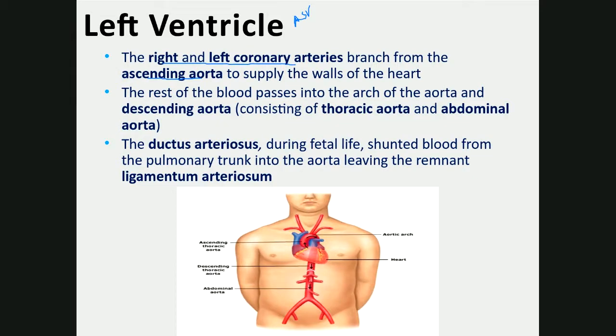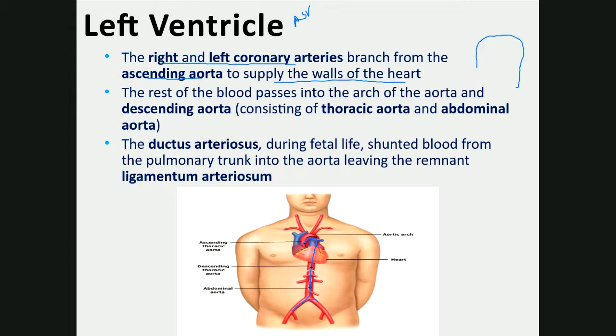Coronary arteries are part of the coronary circulation, a separate little circulatory system that supplies the walls of the heart. Then the rest of the blood is going to go up into the arch of the aorta. So here's the arch of the aorta, the ascending aorta. Then it's going to go into the thoracic aorta here, abdominal aorta, and then into the extremities.